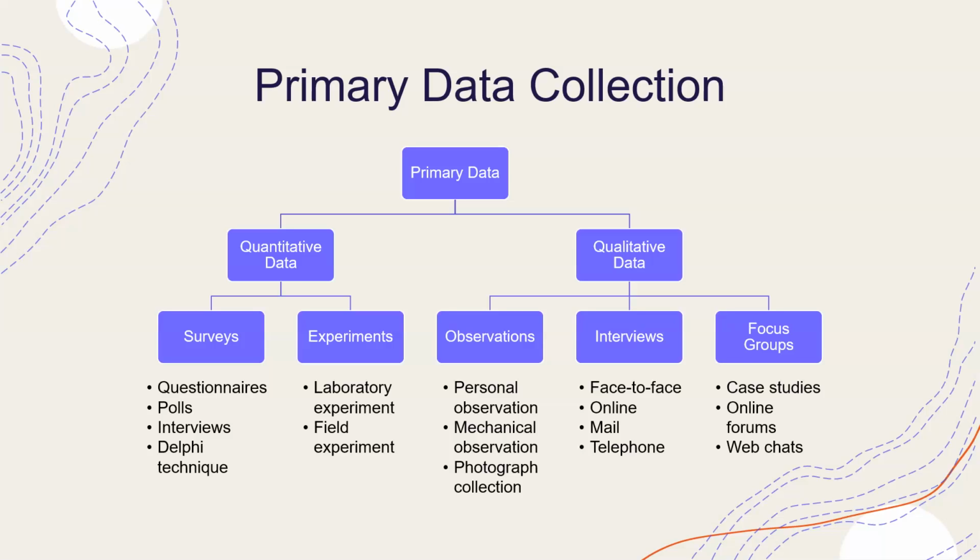Survey is the most commonly used method in social sciences, management, marketing, and psychology to some extent. Surveys can be conducted in different methods such as questionnaires, polls, interviews, and Delphi technique.